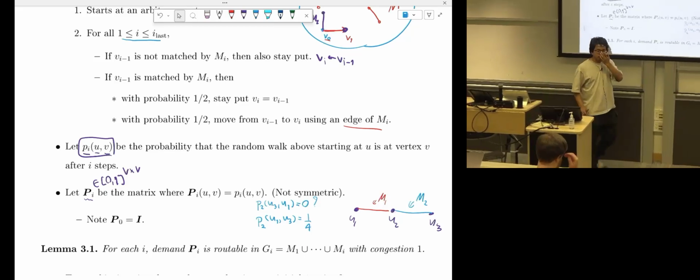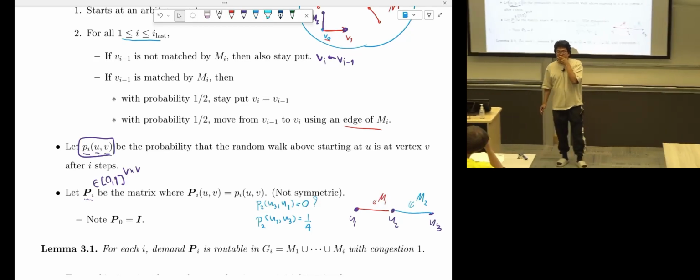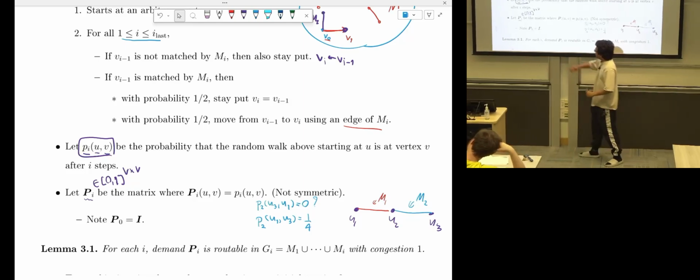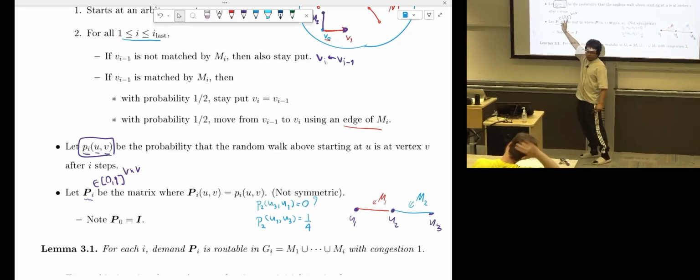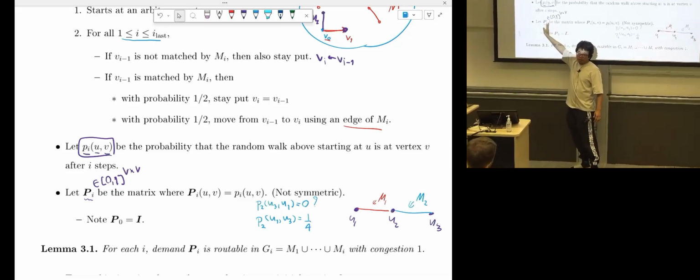The congestion is 1 because the entries are probabilities, so the demand is at most 1 in the matrix? So every entry is between 0 and 1 for sure, but that doesn't imply that the congestion must be 1.